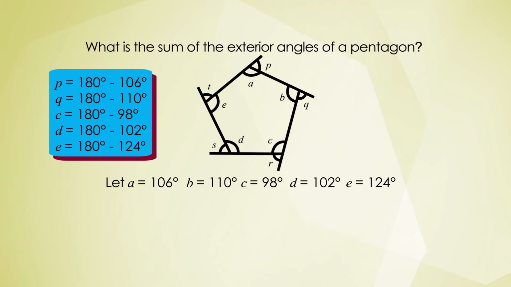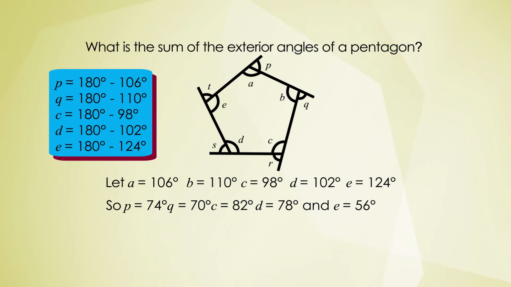And T is 180 degrees minus 124 degrees. And we will get P equals 74 degrees, Q equals 70 degrees, R equals 82 degrees, S equals 78 degrees, and T equals 56 degrees.